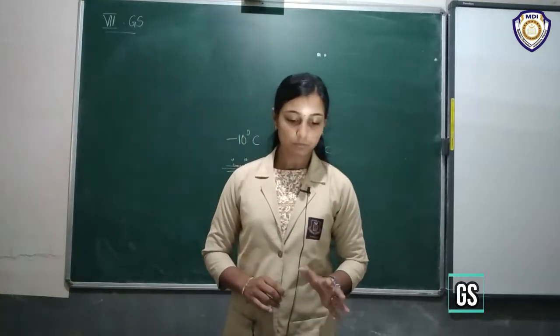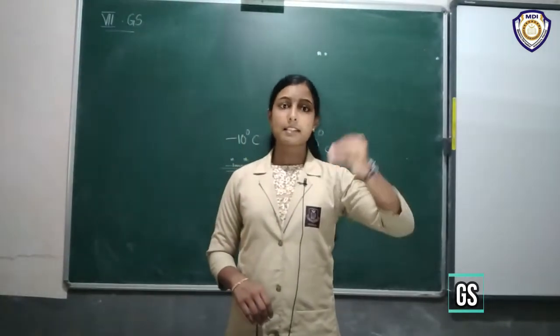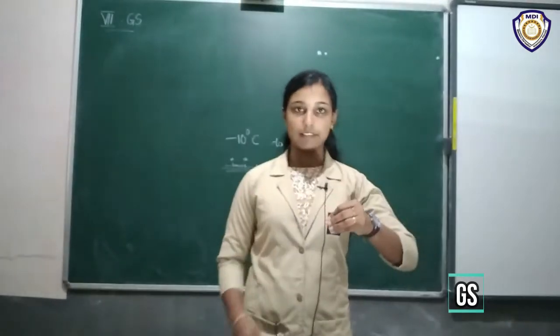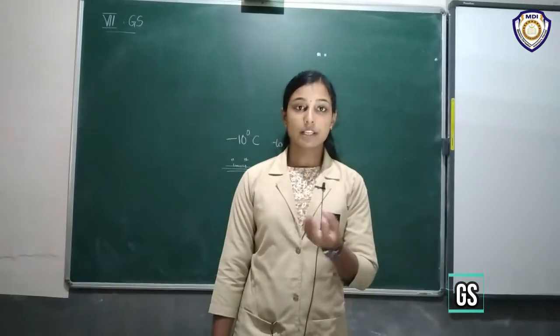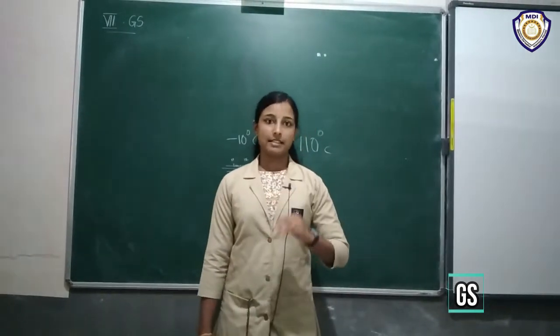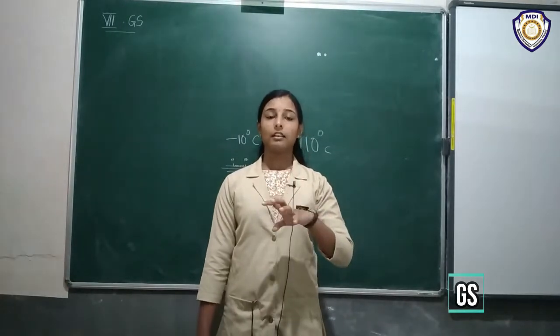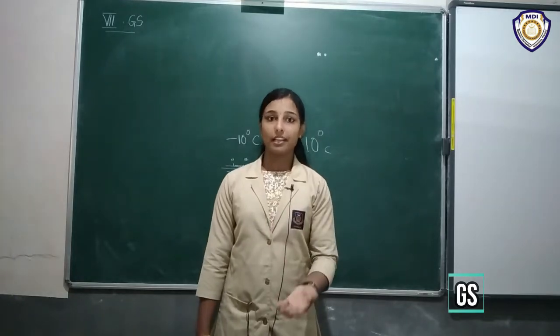So we take some tap water and place this thermometer inside that so that the bulb does not touch the container. Okay. If the bulb touches the container, the thermometer will read the temperature of that container also.